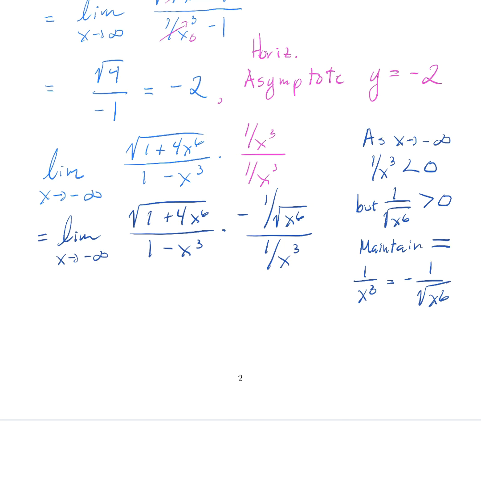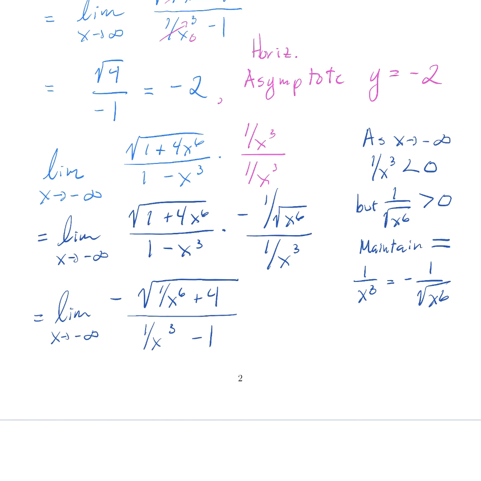And so we're good to make that algebra move because we're not changing the value of the limit. This negative sign can just come out in front here, and the square root in this numerator simplifies to 1 over x to the sixth plus 4 over 1 over x cubed minus 1.